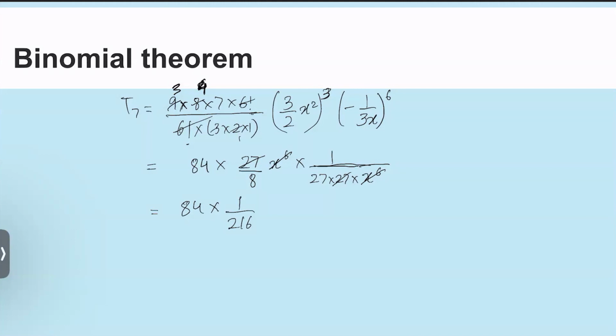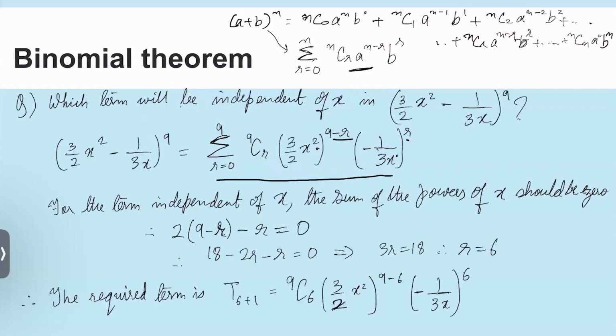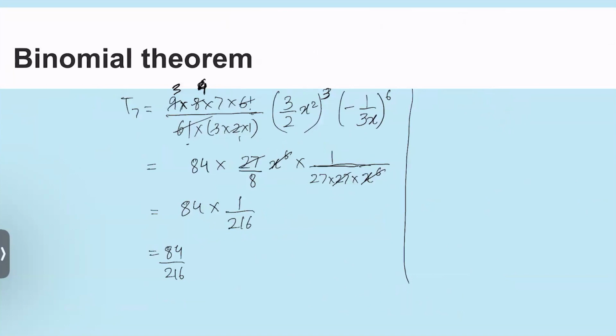So you can actually leave it as 84 by 216. Okay, if you are given it in a multiple choice question, you can immediately write it in the form 9C6. Or maybe I'll just write it in the next part because that would be easier. Your T7 is going to be 9C6.